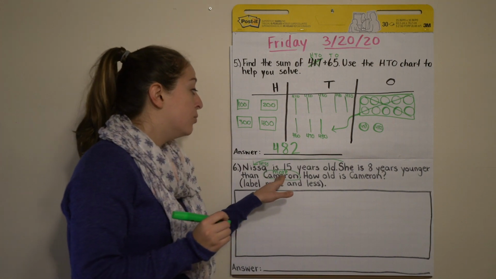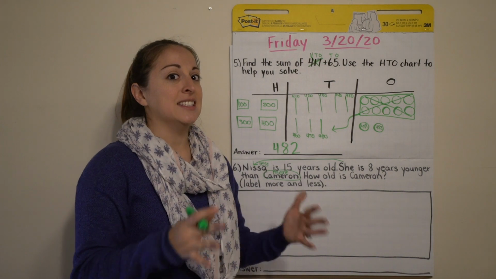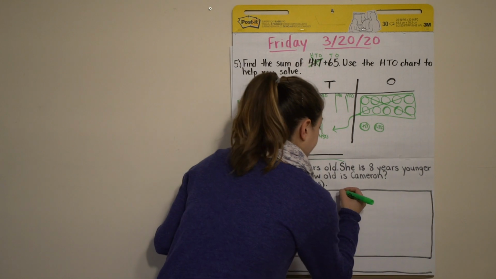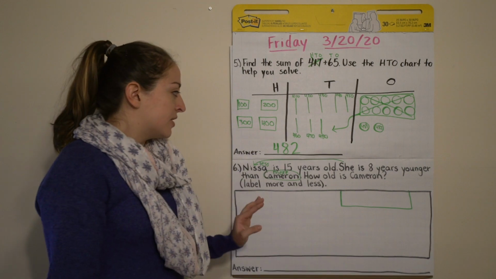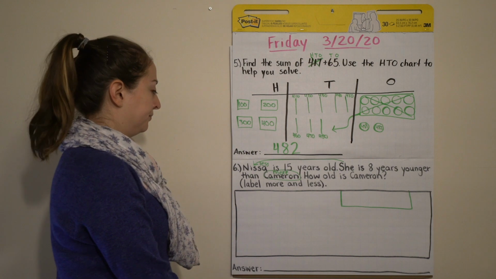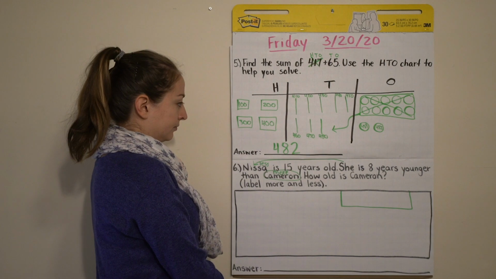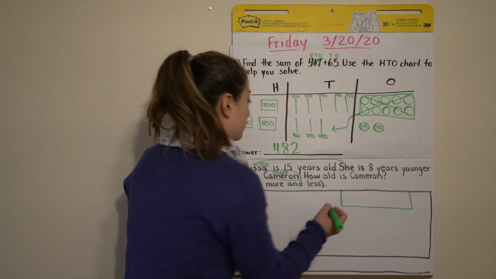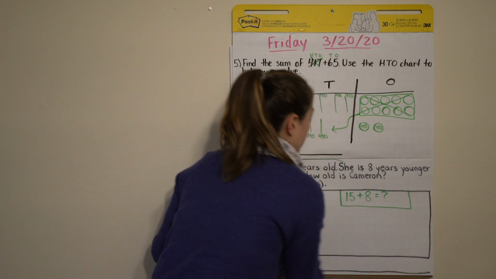And because he has more, you know the number sentence is going to be an addition number sentence for more, okay? So right now you should make a box and you should write your number sentence. I want you to do that right now. Okay, so hopefully you wrote 15 plus 8 equals question mark.